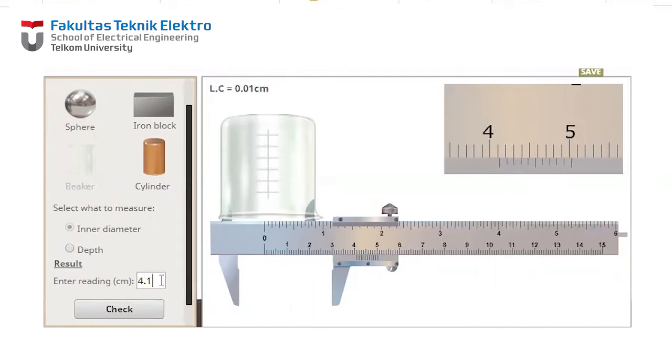Next, we add it to the early value, which is 4.1 centimeter. Then we have 4.12 centimeter. There we have the value of the inner diameter of the beaker glass.